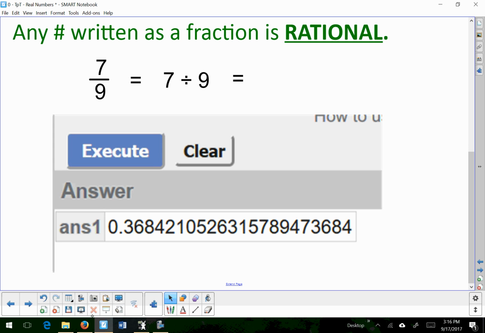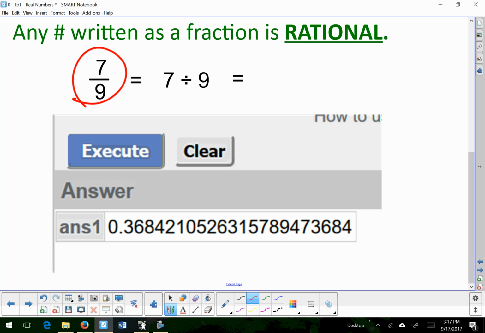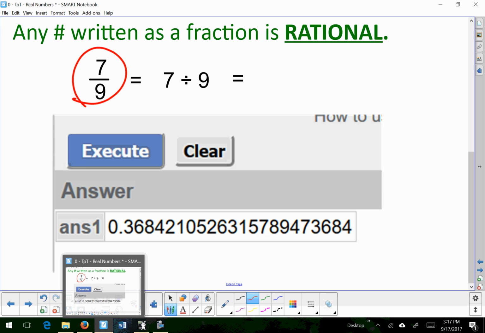That is the beginning of the pattern. It's hard to see, but all these characters are the pattern. And depending on how many characters your calculator can show, you wouldn't know that there actually was a pattern there. But you would know because you know that any number written as a fraction is rational. So just the fact that I have a fraction here means that it belongs to the group of rational numbers.